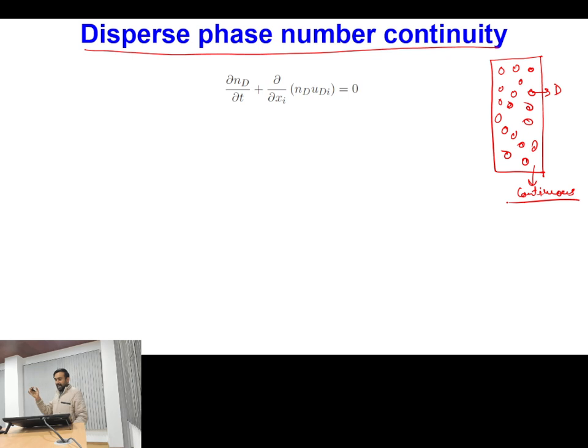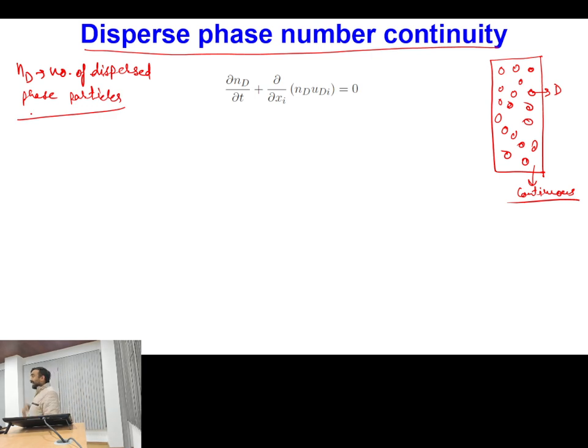So typically I can make an assumption that in this entire volume ND number of dispersed phase particles are present. Okay. So at any instant within this volume, I am having ND number of dispersed phase particles present.